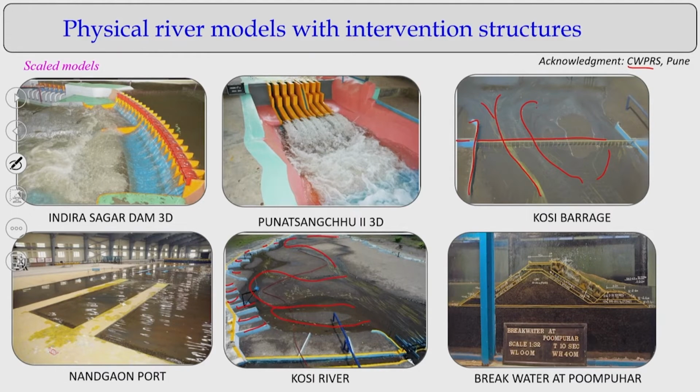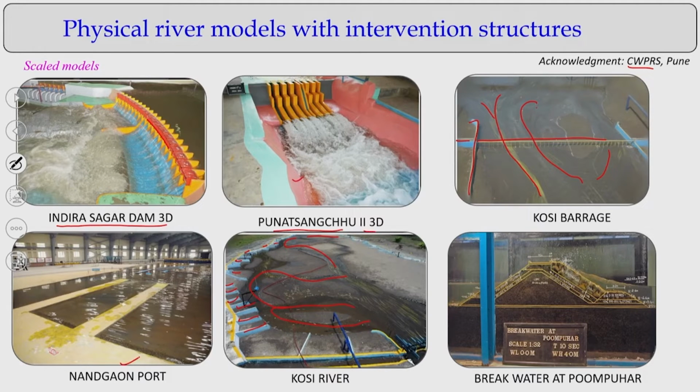So, we conduct a series of physical models for the Kosi barrage as well as the Kosi River. In the same way, for hydraulic structures like the Indira Sagar dam, we prepare an exact scale down 3D model. Similarly, the Pungat 2 3D model.